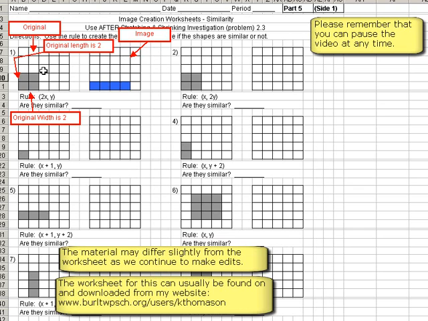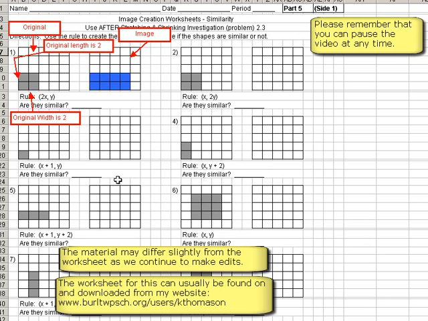And the original length is 2. This is 2 tall. So now the original length, 2 times 1 is 2, so we know our new shape is going to be 2 tall, which would make our resulting shape look like that.